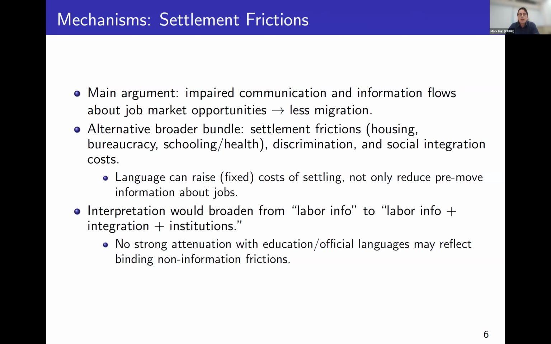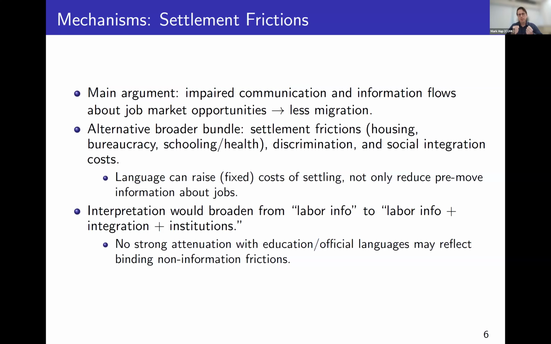Now, next to that, onto the mechanisms. The authors argue it's really about these impaired communication and information flows, for example about job market opportunities, that reduce migration. But as I mentioned just now, there could be this broader bundle of, let's say, settlement frictions or discrimination or social integration costs. So it's about these ongoing costs of settling, of integrating somewhere, not only about pre-move information.